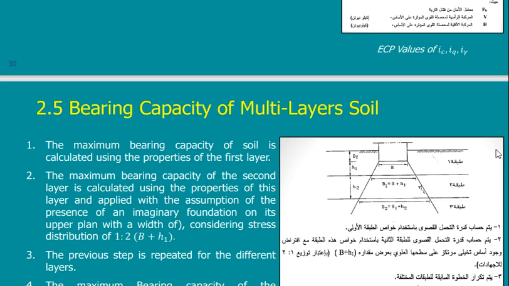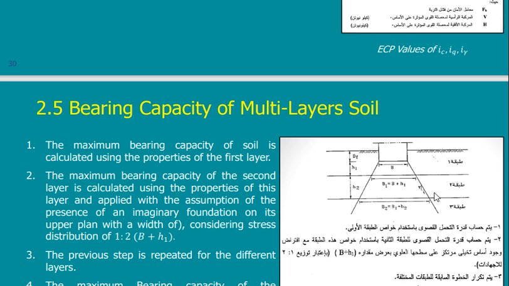But the problem will happen if this layer is strong and it is safe. Then I have to go to the layer below, because layer 2 may not be safe because it is weaker. So I have to check all layers till I reach the weakest layer. Once I reach the weakest layer and it is safe, then don't proceed further.